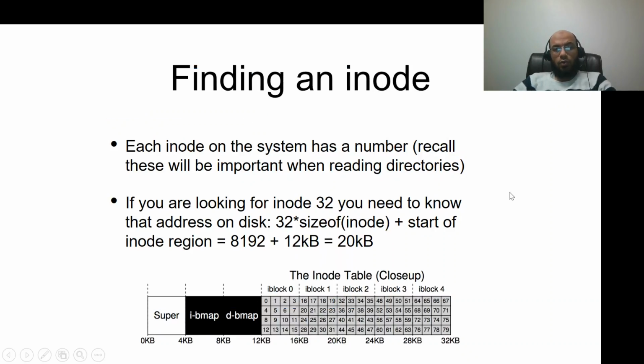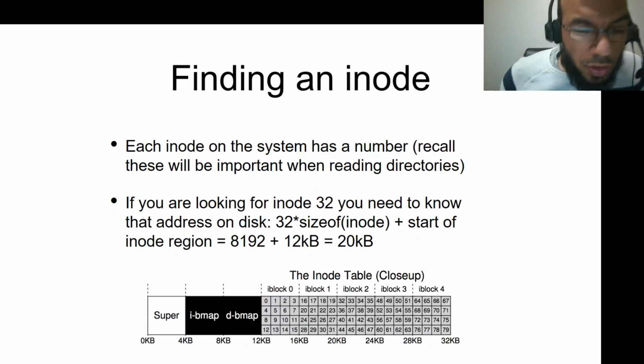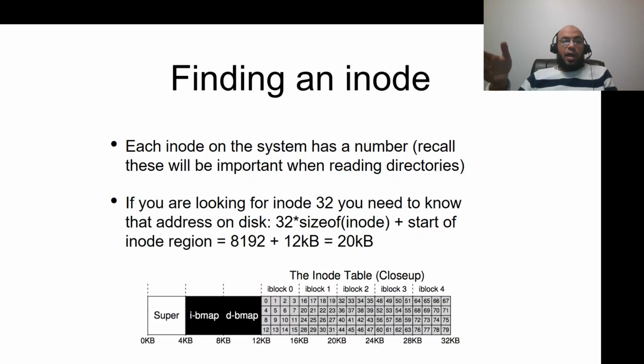So let us now look at how you will find an inode in your system. Recall that the first 8 blocks were basically the super block for the first 4 kilobytes, an I bitmap, which is the inode bitmap saying which inode numbers are taken, and a D bitmap saying which data blocks in the disk are taken.